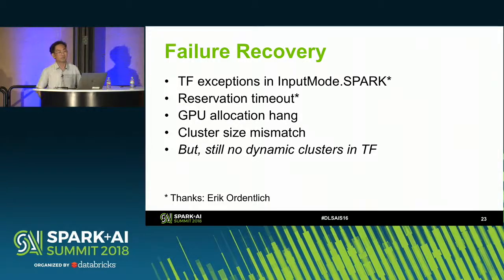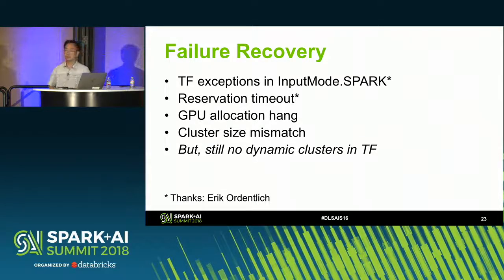There's also a cluster size mismatch that we hit quite a lot. This one is due to the fact that our architecture requires you to have the same number of executors as your expected TensorFlow cluster. So if you have 1,000 executors and you want to start a TensorFlow node of 3, that doesn't work. So we've added some handling to try and catch that condition and at least report you a nice error message.